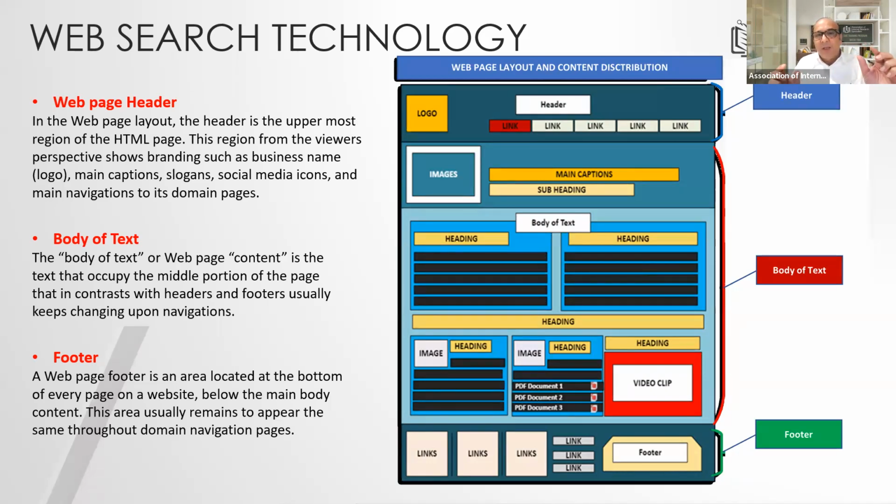One is called tags, the other one is called meta tags, and then there are non-meta tags. So these are the three terminologies that I would like to explain to you, and then show you what information within those tags is read by the search engine at the time of indexing.